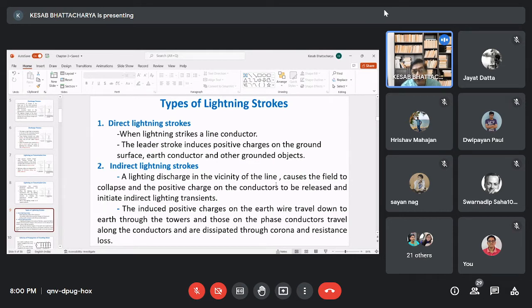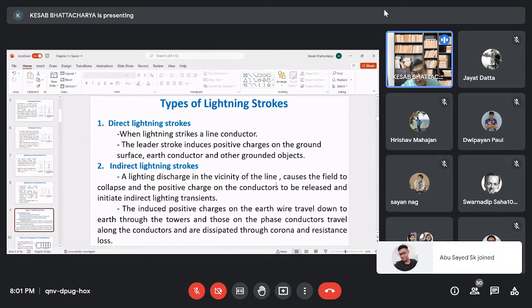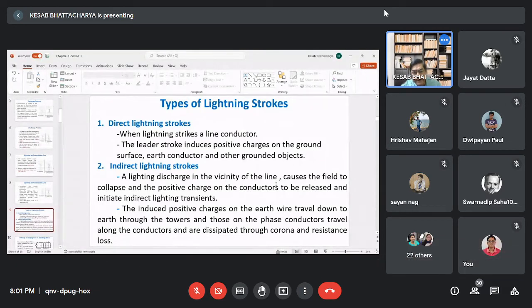Though they have not been directly hit by lightning, they are subjected to overvoltage because of the occurrence of lightning in the vicinity of the line. That is the induced lightning, indirect lightning strokes.